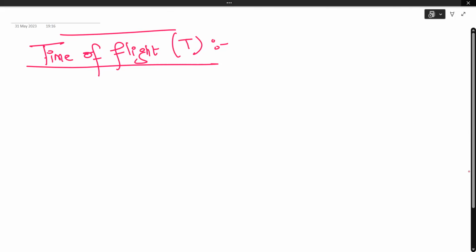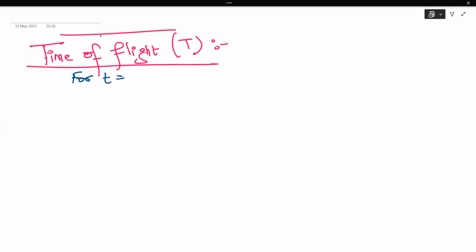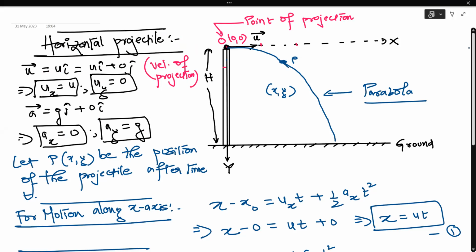So we can say that for t equal to time of flight, the vertical displacement will be equal to h. Yes or no? Look at the diagram. I have thrown it from the point O. It is hitting the ground at the point, suppose let's call this point G. So the time taken to come from O to G is the time of flight.